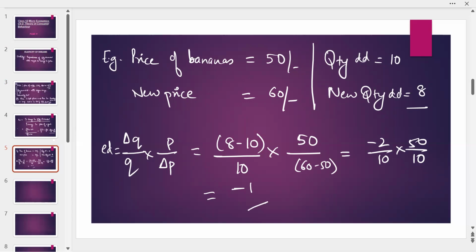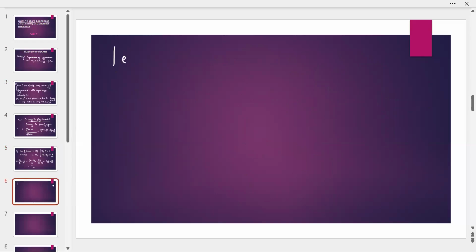But yeah, so how do we interpret this elasticity of demand? So elasticity of demand coming out as minus 1. So it says that the good banana is inelastic.